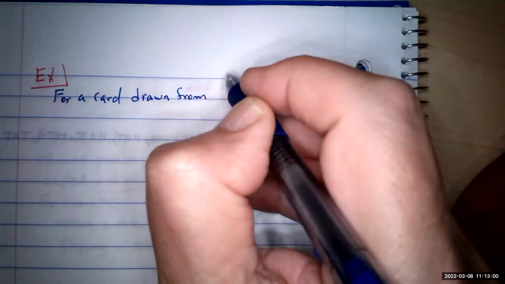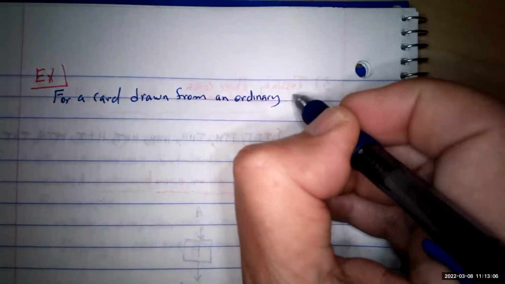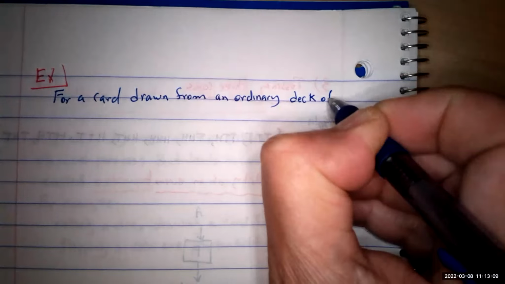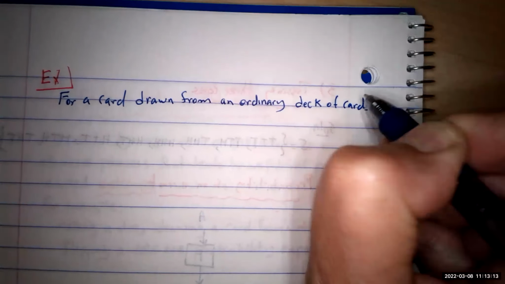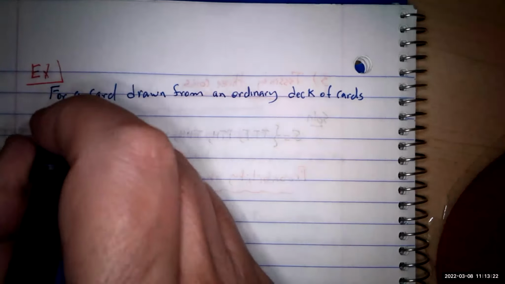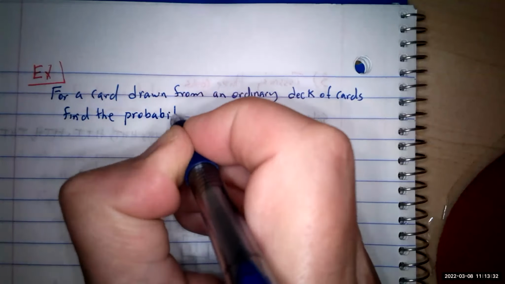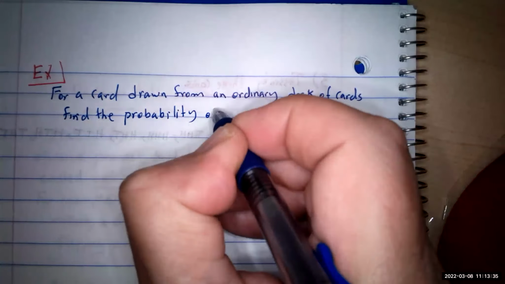For a card drawn from an ordinary deck of cards, find the probability of getting a king.